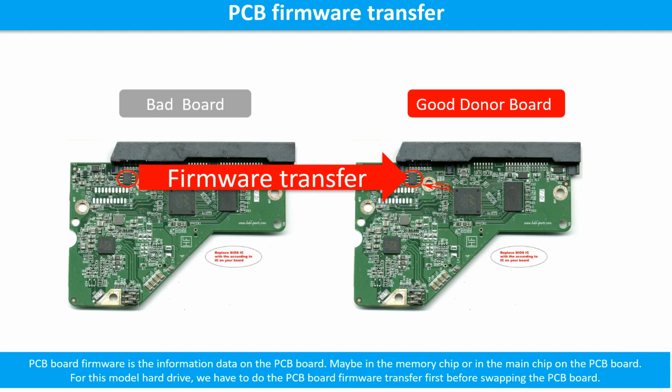It may be in the memory chip or in the main chip on the PCB board. For this model hard drive, we have to do the PCB board firmware transfer first, then we swap the PCB board. Otherwise, the new board will not work on the original hard drive.